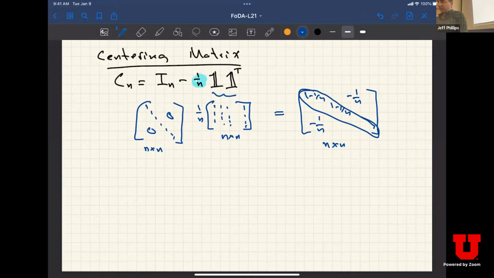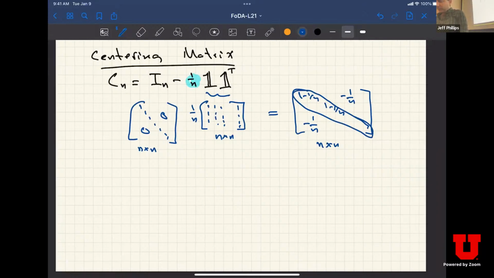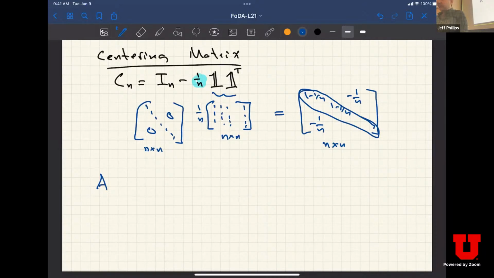Basically the cool thing is that you can get this A tilde, which is the centered version of A, by just writing Cn times A. In linear algebra, that for loop of the centering step, I can just do as the centering matrix times A. That's why they call it the centering matrix, because it centers the data set.